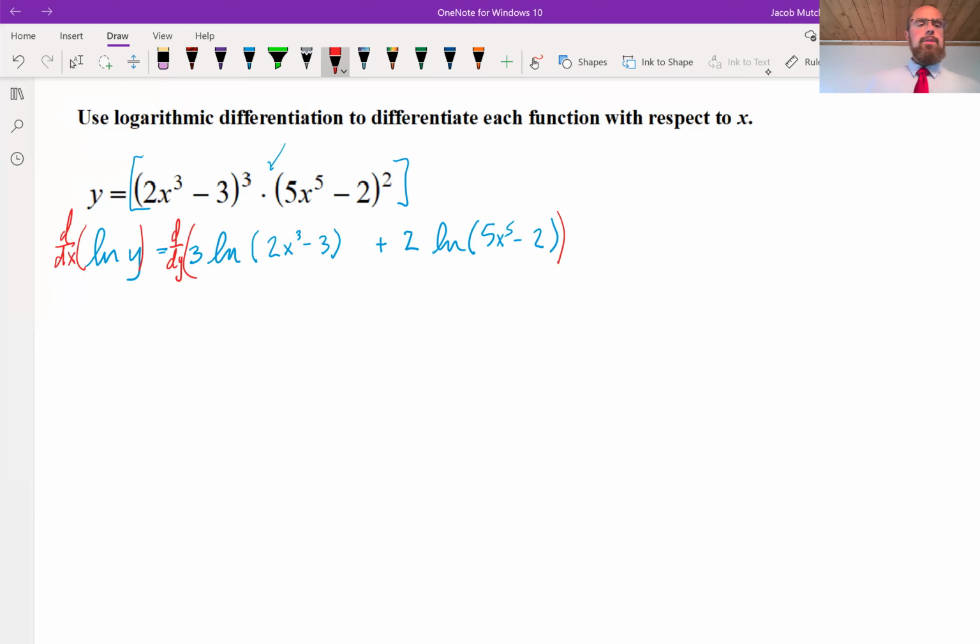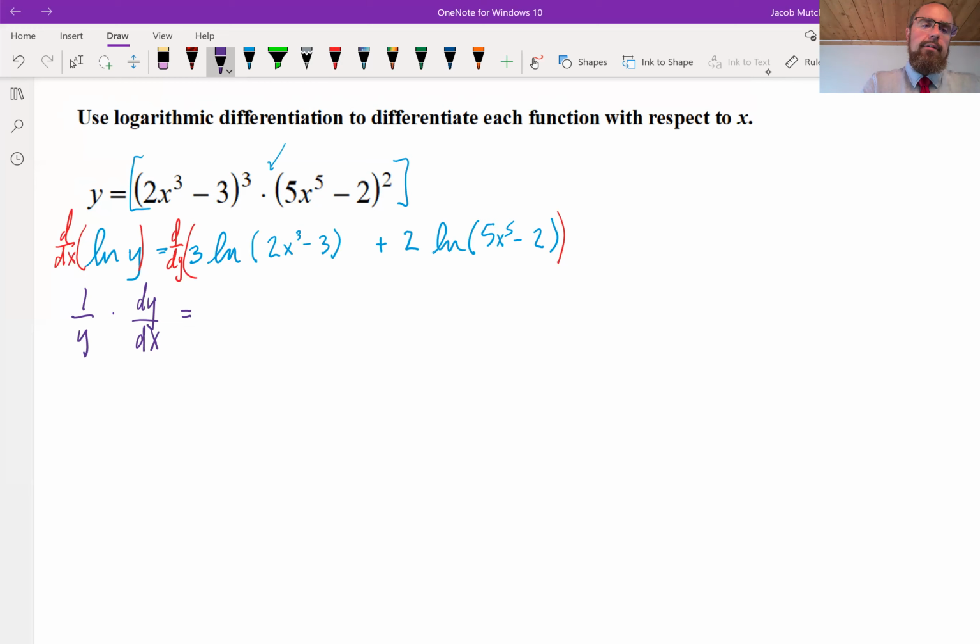A lot of times that looks the same because typically our functions start y equals blah, blah, blah in terms of x. So again, the derivative will look like 1 over the argument, which is y, times dy dx. And then we can begin taking the derivative of each of these terms on the right.